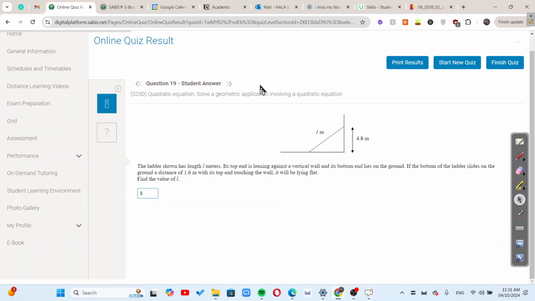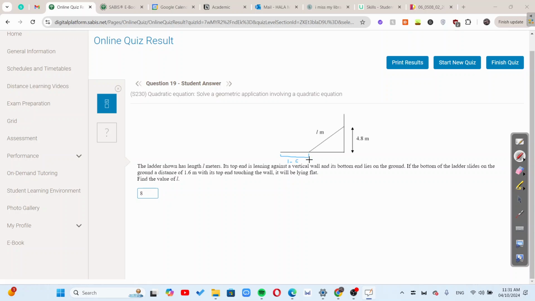Now, next question. Okay, so this question is a bit confusing, but it's not that hard. Look, you have a ladder whose length is L meters, and the top end is leaning against a vertical wall, and the bottom end lies on the ground. If the bottom of the ladder lies on the ground at a distance of 1.6, it's gonna lie completely flat.